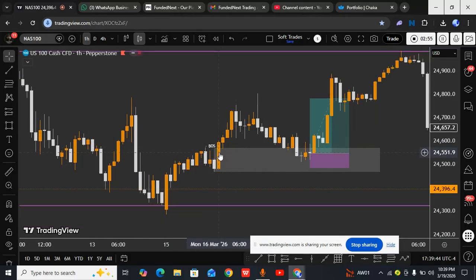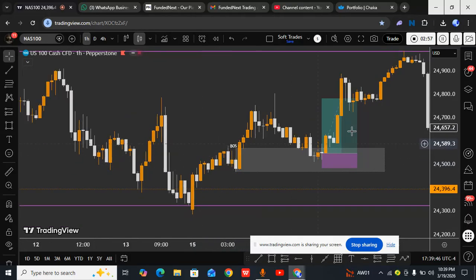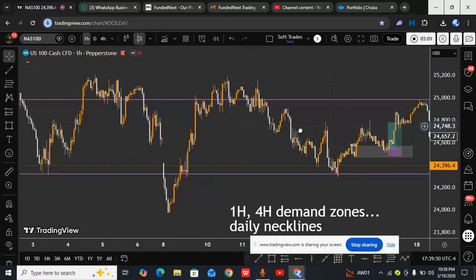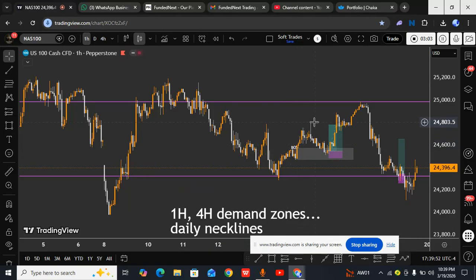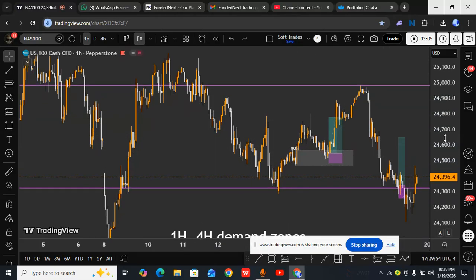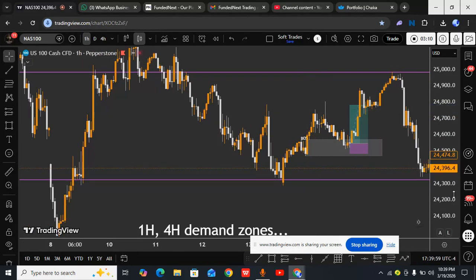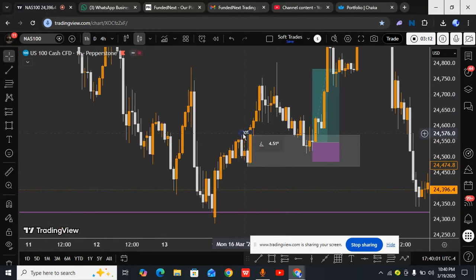Then there's a fair value gap, and at that point price was changing direction to the upside, so it aligned with the immediate trend of that day. We had those criteria met.